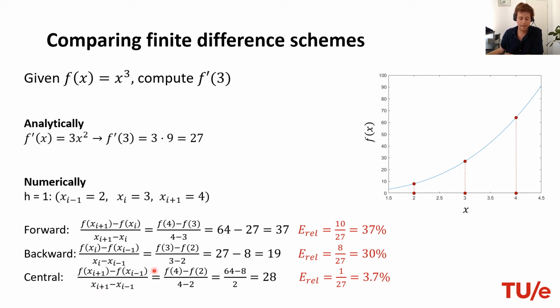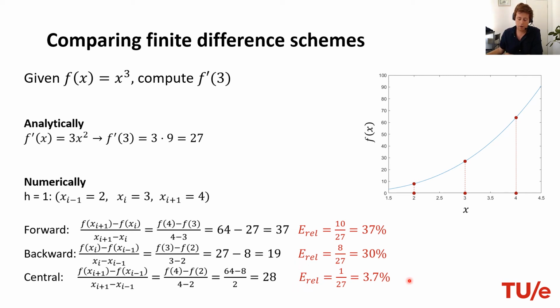So here we have then f evaluated at 4 minus f evaluated at 2. So this will be 64 minus 8. And in the denominator, we have 4 minus 2. This leads us to 28. And we see that this is already quite a bit closer to the actual true value of 27. So here we have a relative error of 3.7%.